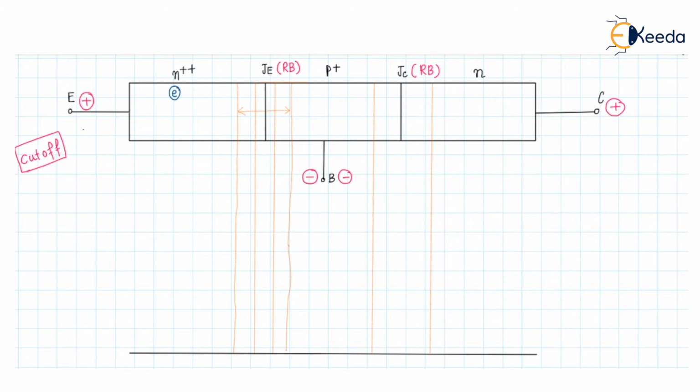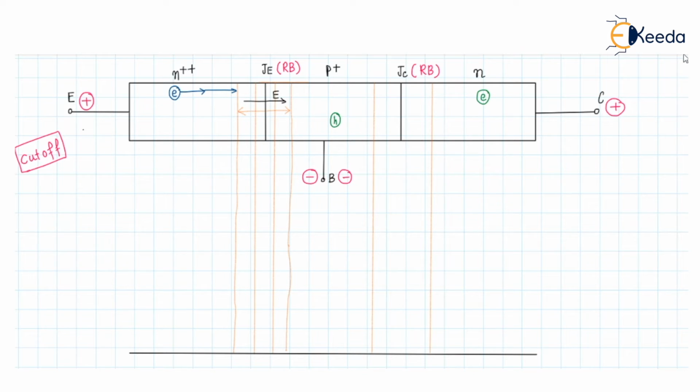There will also be holes, which are the majority carriers at the base, and there will be electrons in the collector, which are the majority carriers. Now, because the JE junction is reverse biased, this electron cannot cross the JE junction, and in reverse bias we know the electric field will be directed from the N side to the P side like this.